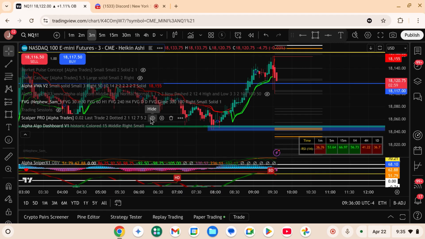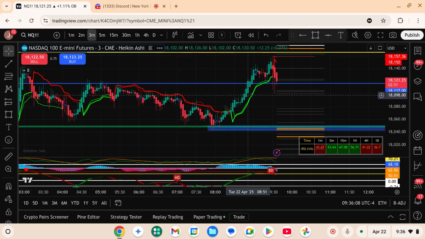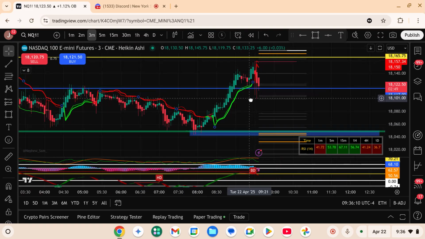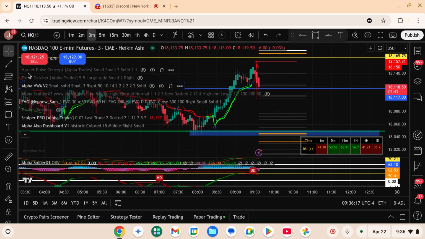Turn this on. I think I explained these VWAP settings before, probably in our last live session. The settings that I have on these two are different. It's from the Alpha VWAP, and then from the Scalper Pro.